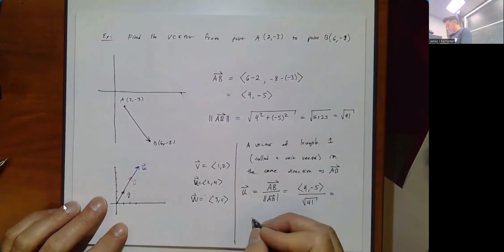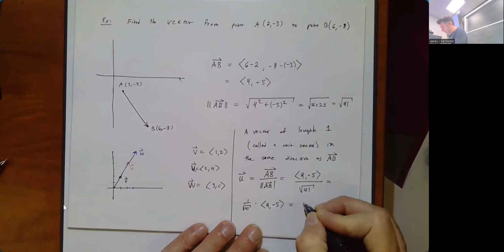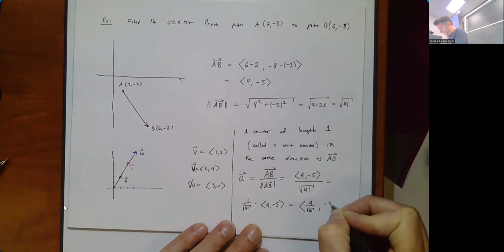But people often distribute that to each of the terms in the vector and write it component-wise as 4 over the square root of 41, -5 over the square root of 41. And for whatever reason, we typically do not rationalize these. You can, it's totally fine to rationalize them, but people don't really feel the need to.